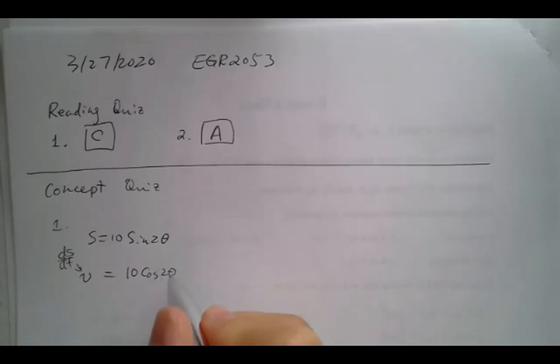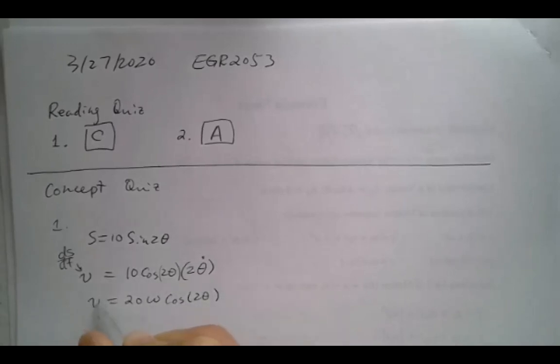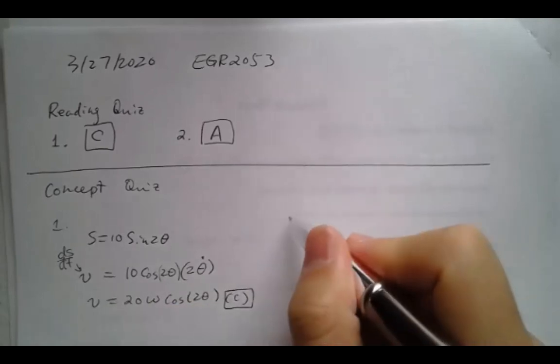Then you apply chain rule to the variable, 2 theta, so it becomes 2 theta dot. At the end you have 20, and theta dot will be omega. So v is equal to 20 omega cosine of 2 theta. That's option C, so you guys got that.